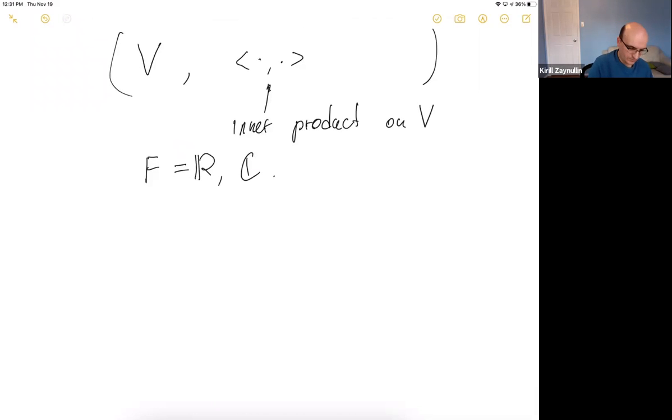So the first thing we would like to introduce is the concept of orthogonality.